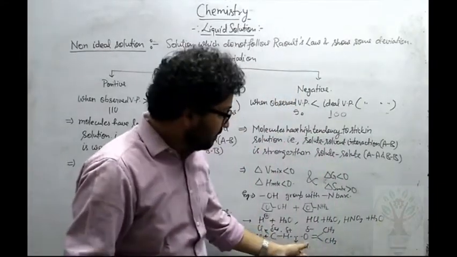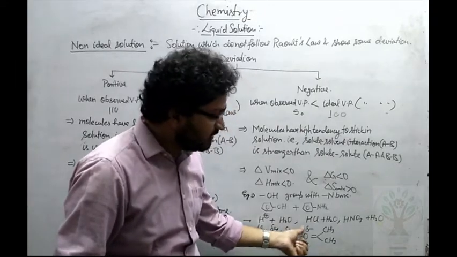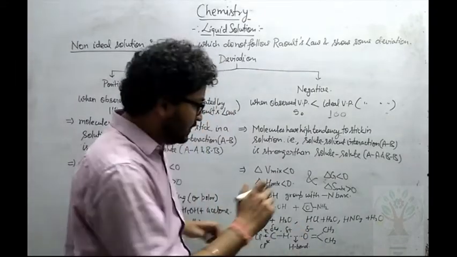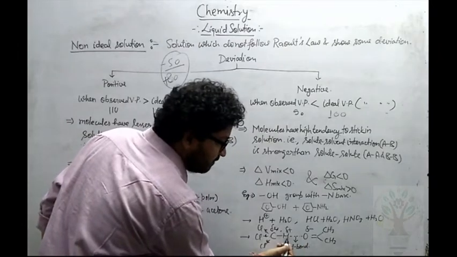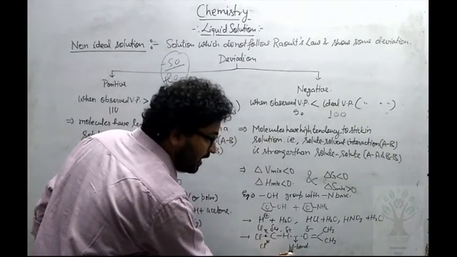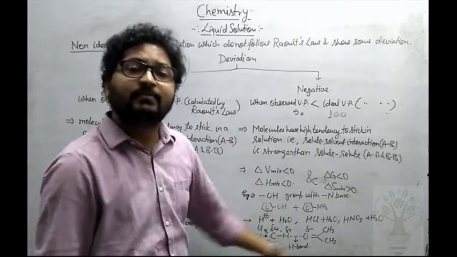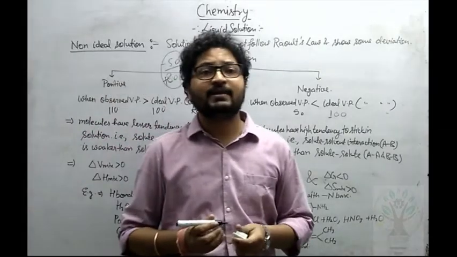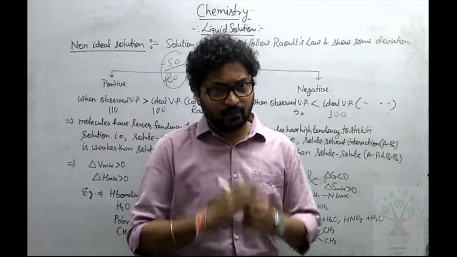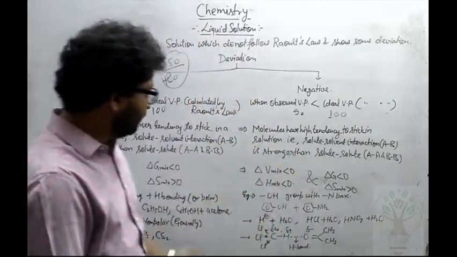Nitrogen or oxygen, why? Because nitrogen or oxygen will definitely have some amount of delta negative. So this delta negative and this delta positive on H, they will form a hydrogen bond. And this hydrogen bond will be a stronger bond, na? So that means this interaction is strong. So you will get to see negative deviation. Okay, so please note everything from here.